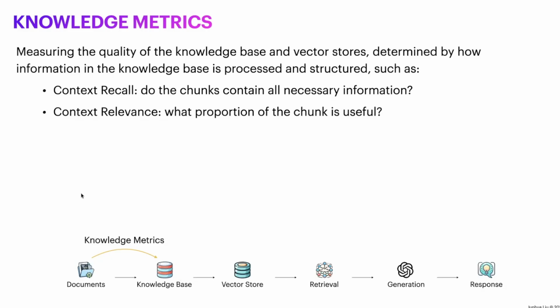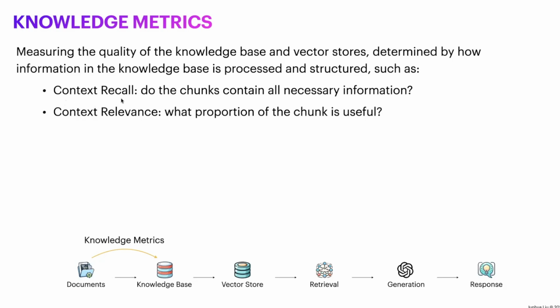So we need to know either whether all the steps together achieve some level of competency in the knowledge base, or, component by component, which steps are performing better than others. The metrics generally used are context recall and context relevance.